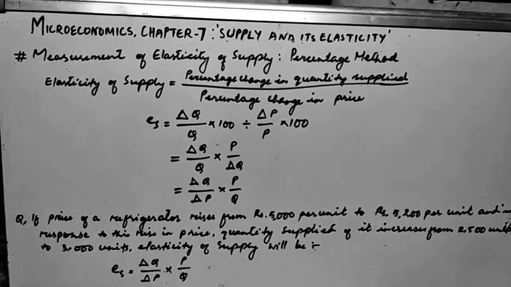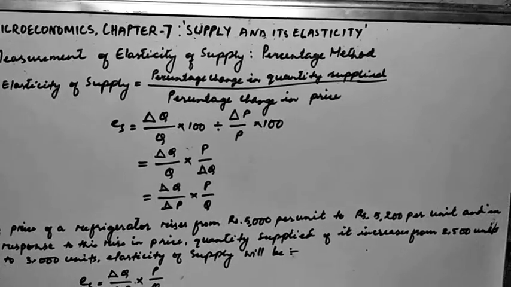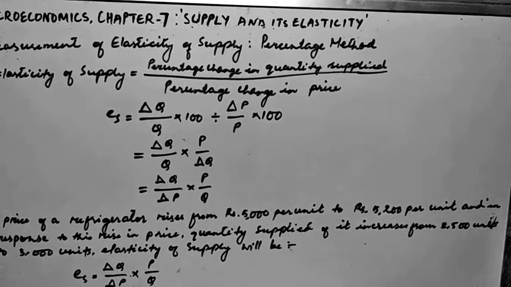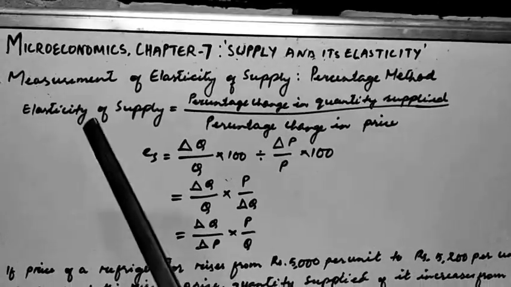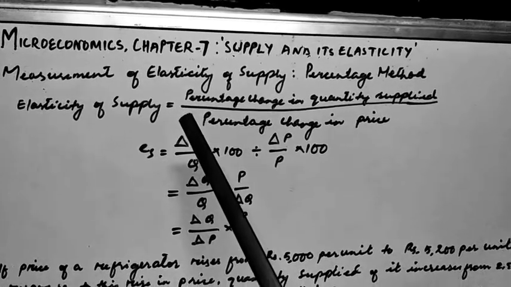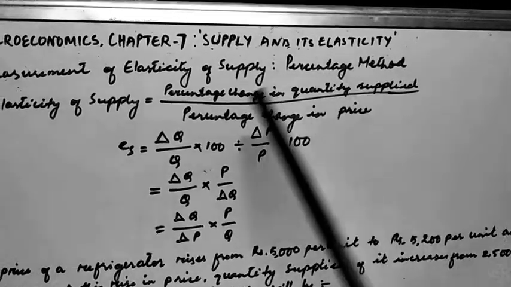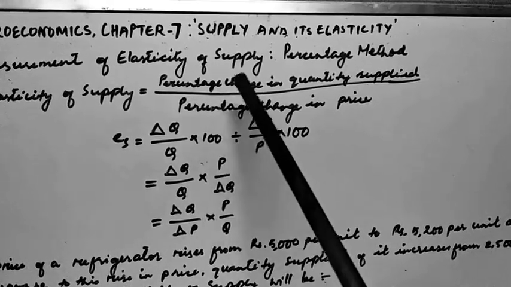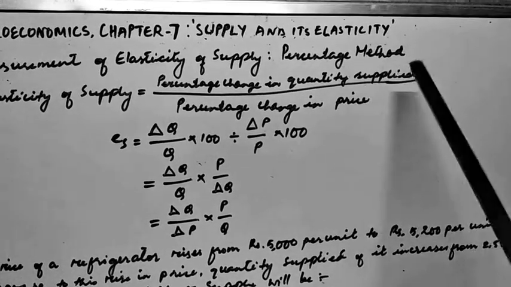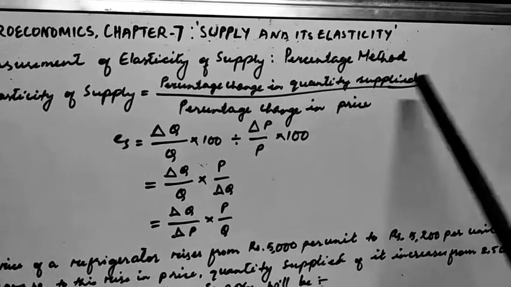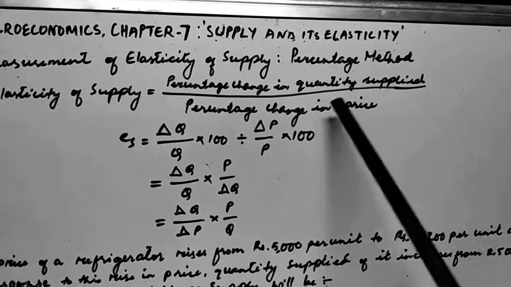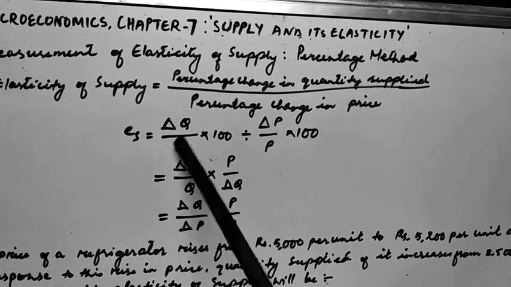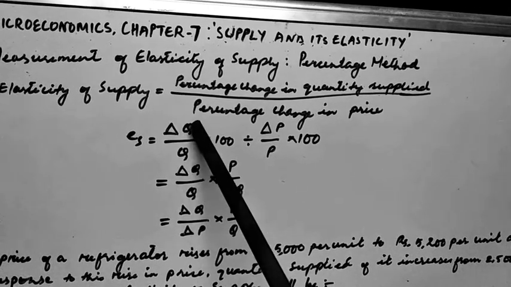The next method that we have is the percentage method. Elasticity of supply according to the percentage method is given by percentage change in quantity supplied divided by percentage change in price.